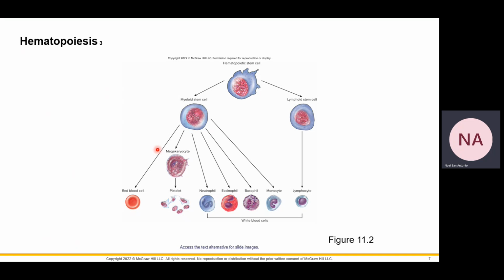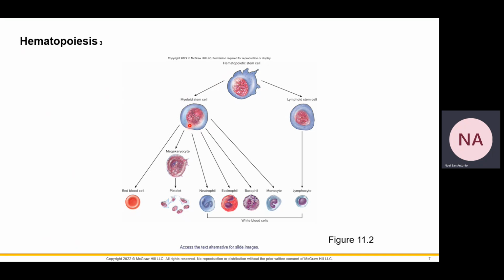Okay, so this is what I'm telling you about. So this is your hemocytoblasts or your stem cells that is found in your red bone marrow, also known as your hematopoietic stem cell. So as you can see, the hematopoietic stem cell during the first stage of its differentiation differentiates into a myeloid stem cell and a lymphoid stem cell.